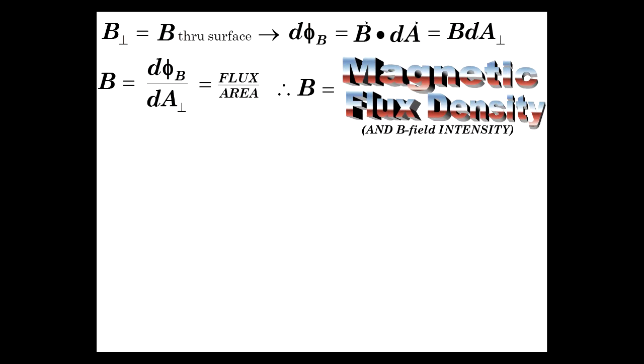So B can be thought of as magnetic flux density because it's the density of the flux. How much flux per area? Think of the flux as total quantity of lines, if you will, of magnetism through an area, divided by the area, and it's the density of those flux lines. Hopefully that is intuitive. So magnetic flux density and B field intensity mean the same thing. It's Teslas.